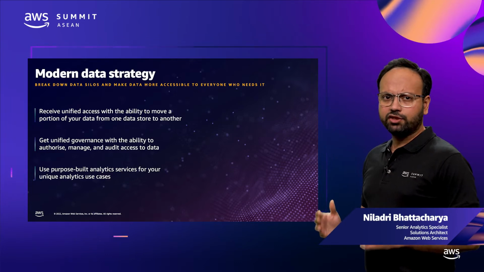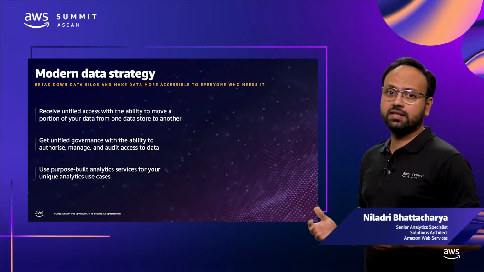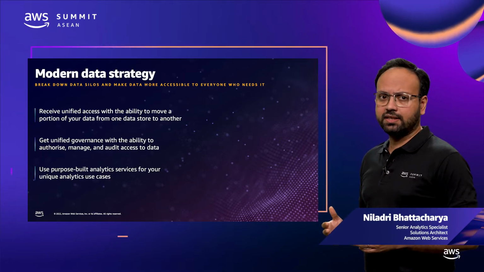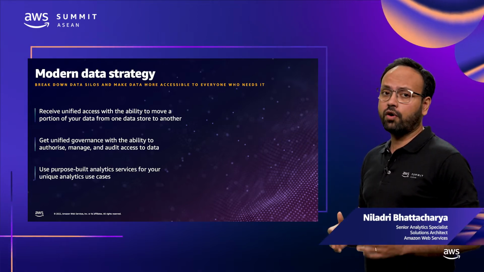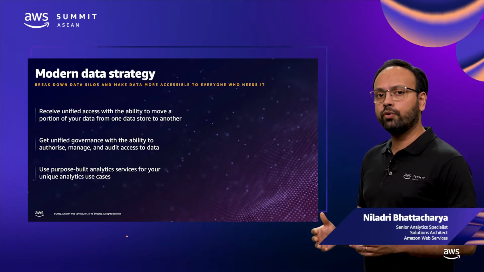With a modern data strategy, organizations can move any amount of data from various silos into an Amazon S3 data lake and store their data in S3 using standard open data formats to avoid being locked into any one proprietary data format or approach to analytics.